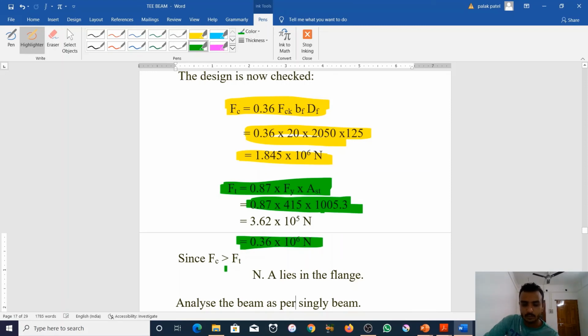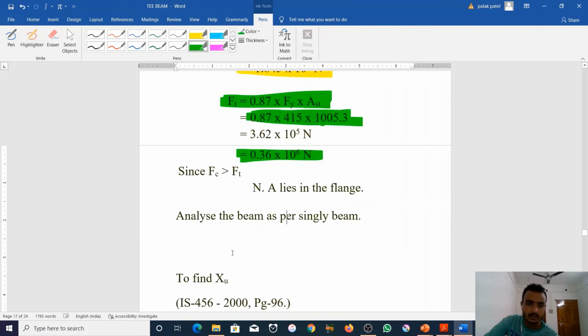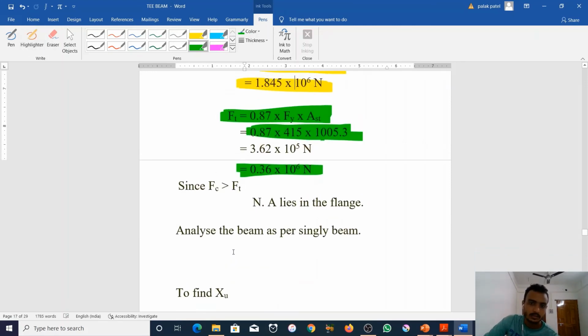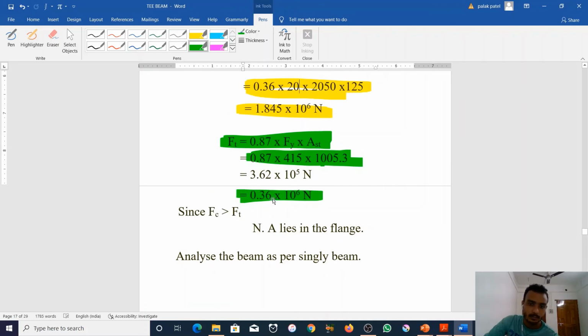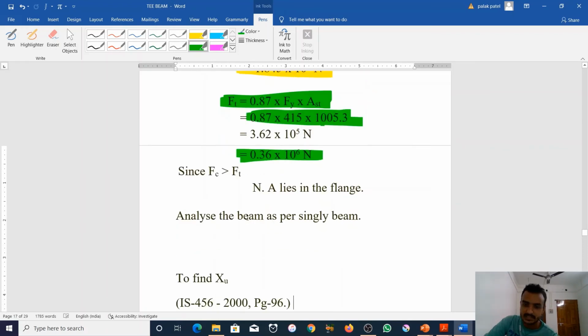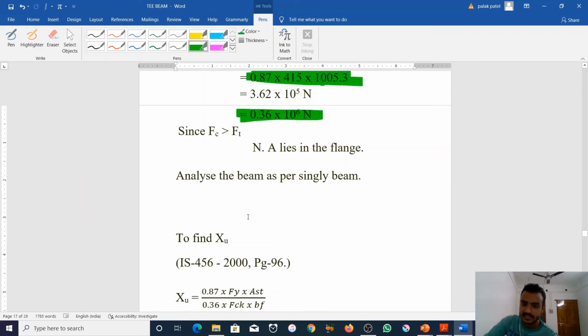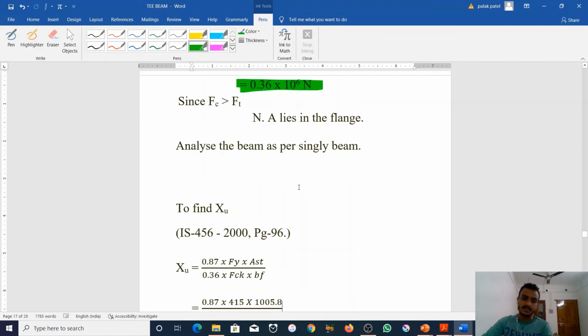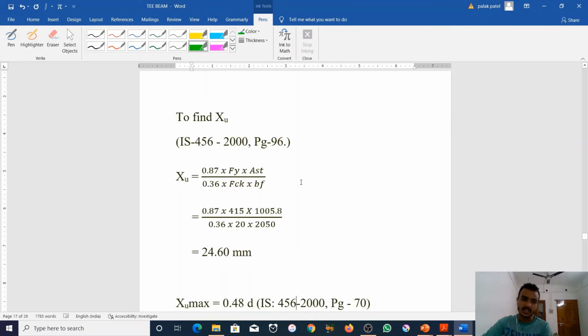So compression force is more. Look at here, compression force is more compared to tension force. So by this, the neutral axis lies in the flange, so we can analyze the beam as a singly beam.